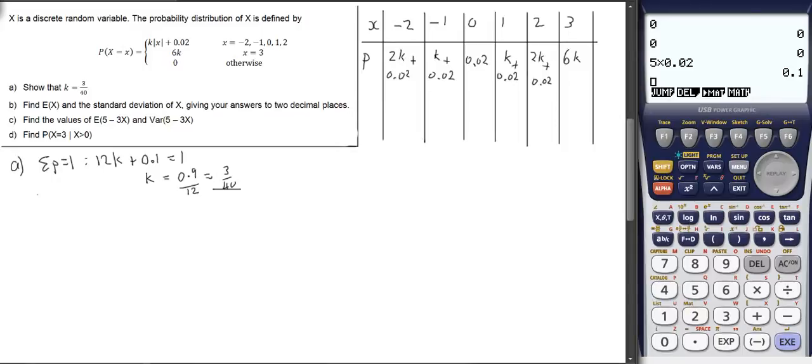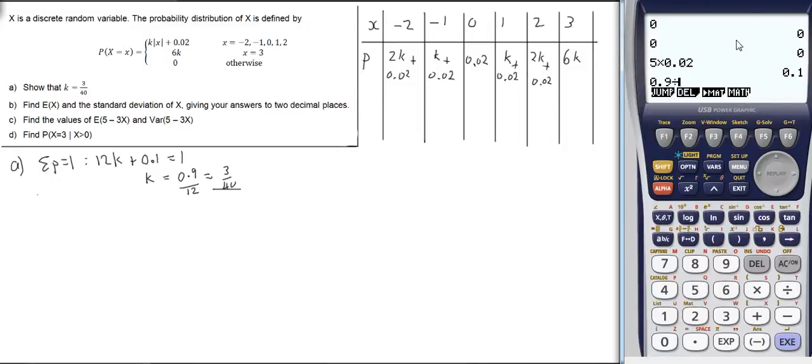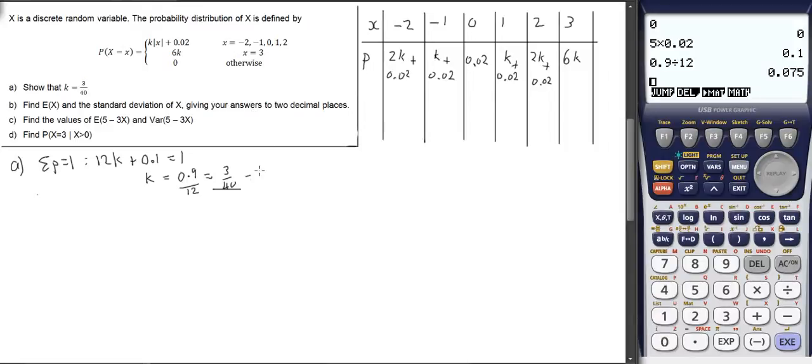And if you're not convinced by that, you can always do it on your calculator and get it as a fraction. Actually, it's handy to know that it's 0.075.